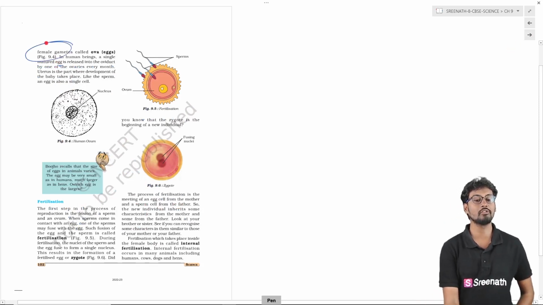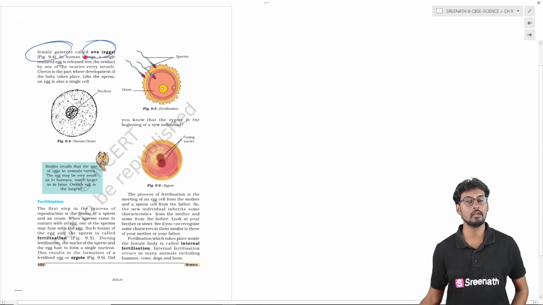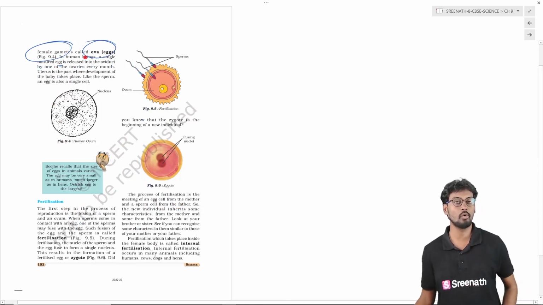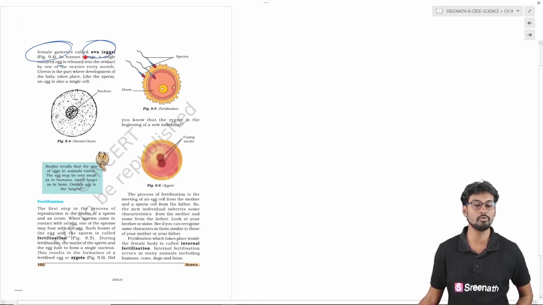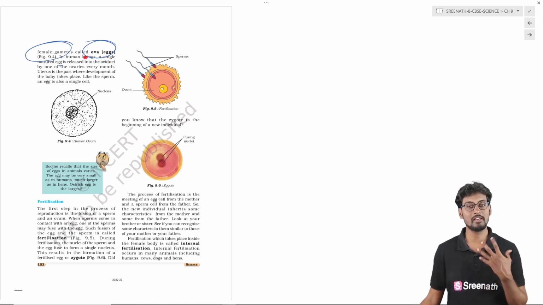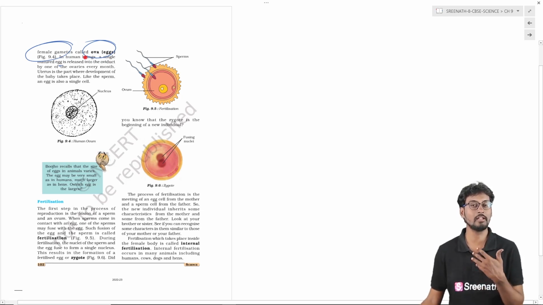The female gametes are otherwise called ova or eggs, and the ova, the female gametes, are generally released from the ovaries.